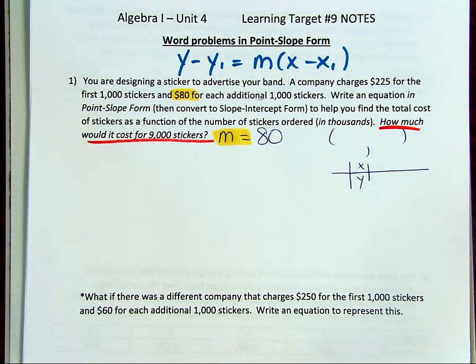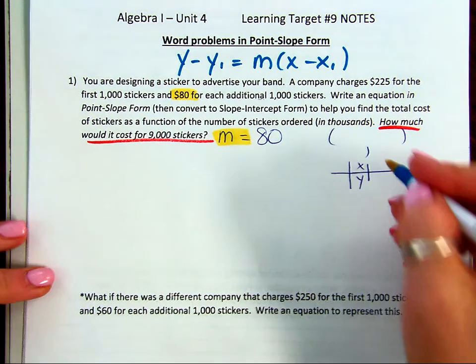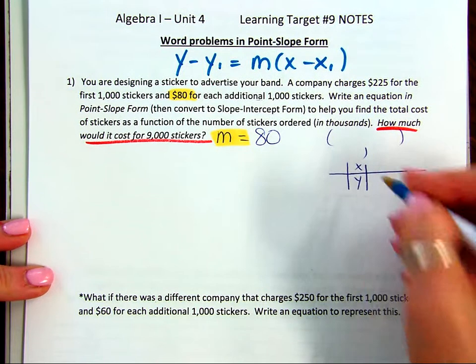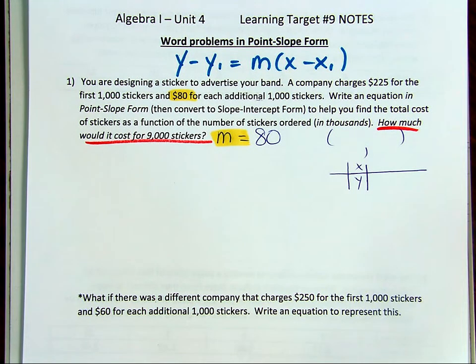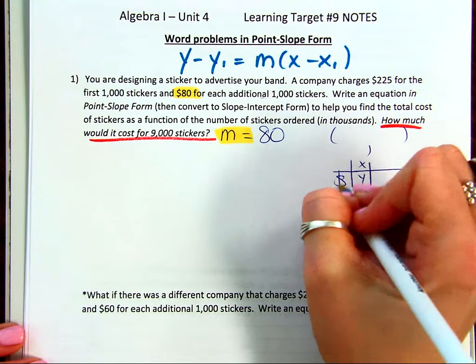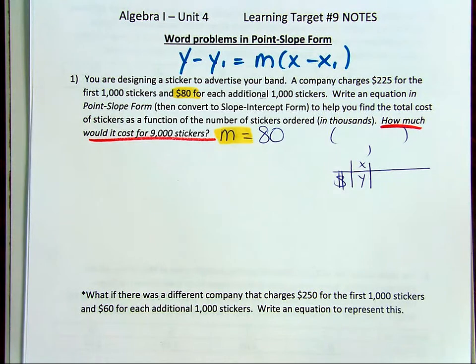I will give you a huge hint. Usually when you're talking about time, time is your x: number of days, number of weeks, number of hours. Well, we don't have time in here, do we? So if you don't have time, then the x is the number of things you're getting. The y is what you're paying for that. So your y is almost always going to be your cost, because your cost depends on how many stickers you get, right?